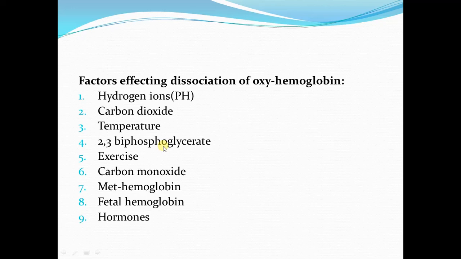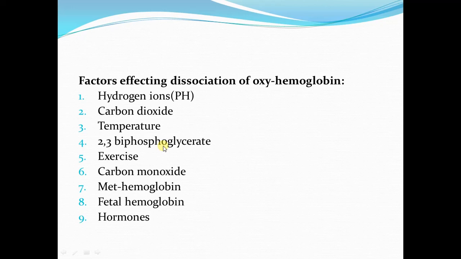Similarly, its formation is also increased in certain circulatory conditions associated with hypoxia or anemia, in which a decreased amount of hemoglobin is there, so that the oxygen carrying capacity of the blood is decreased and tissue will suffer from hypoxia.